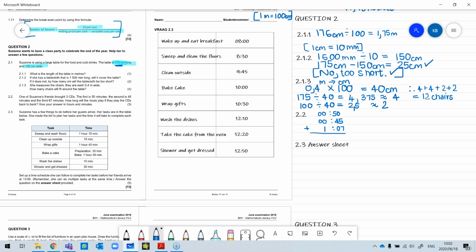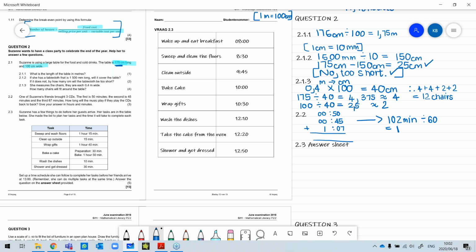So now we are going to add all of these together. 50 minutes plus 45 minutes plus 7 minutes gives me an answer of 102 minutes. Now we are going to divide this by 60 to see how many hours fit into 102 minutes, which is going to be 1 hour.